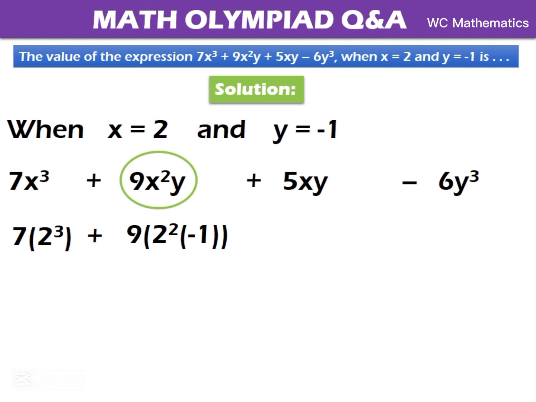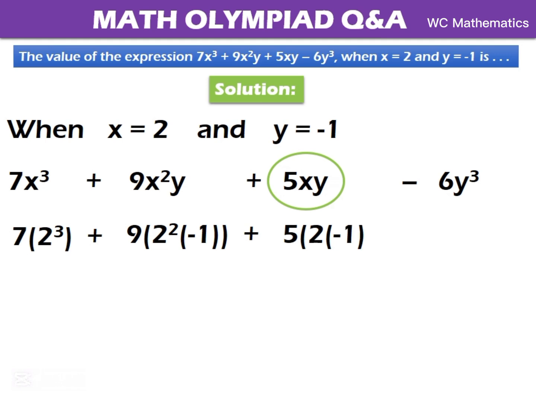So moving on, we'll keep the plus sign again. Then the next term, 5xy, now becomes 5 into bracket 2 times minus 1. As I said before, x for 2 and y for minus 1. We'll keep the minus sign again.